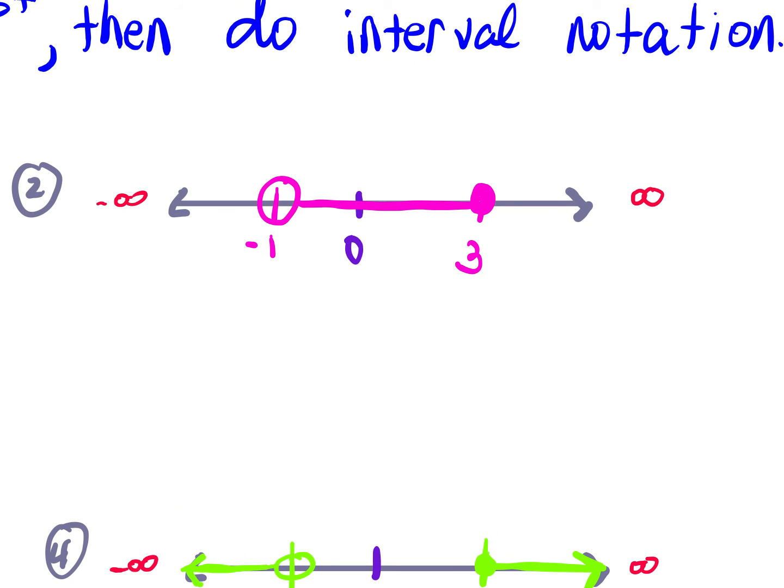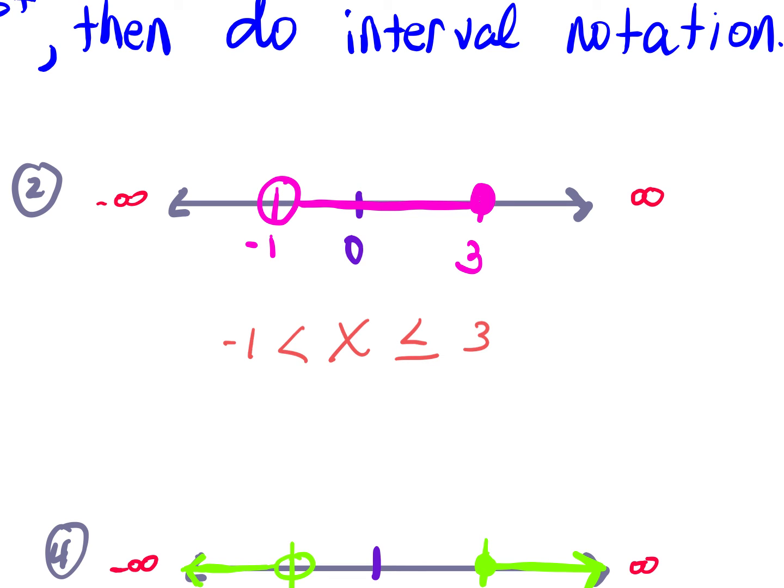What are your x values here? Just by looking at the graph, don't even worry about what your inequality statement is. Where is x? In the middle. It's in between, so x is between negative 1 and 3. What are the signs on either side? Perfect.